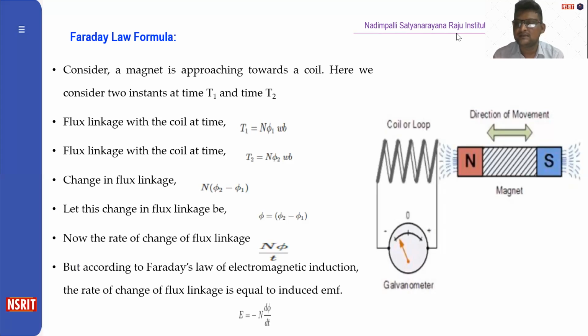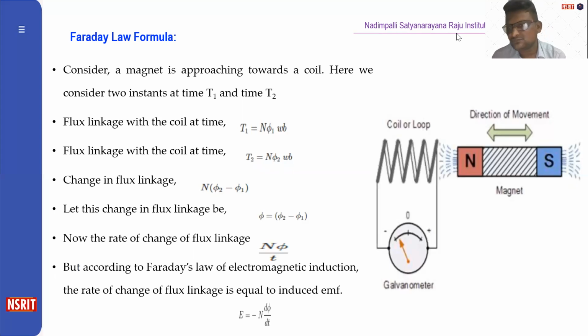We can write the flux linkage to the coil at the two time instances. At the first instant t1, it is N into phi1, where phi1 is the flux at the first instant and N is the number of turns in the conductor. Similarly, flux linkage with the coil at t2 is N into phi2.